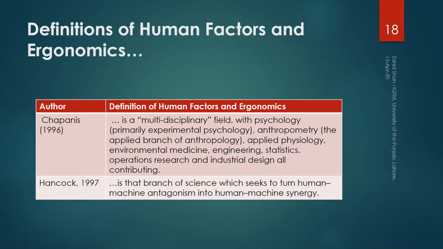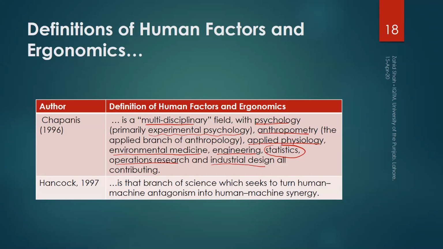The definition by the Japanese is that ergonomics is a multidisciplinary field. It involves multiple disciplines. Again, which disciplines? Psychology, and psychology has further types. So here we need more experimental psychology, anthropometry, applied physiology, environmental medicine, engineering, statistics, operational research is sometimes required, industrial design, all contributed.